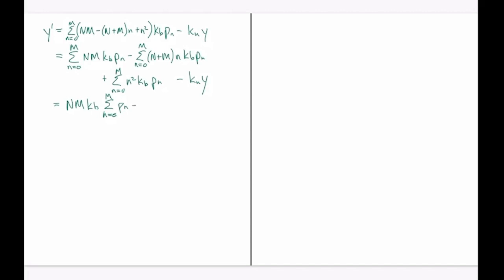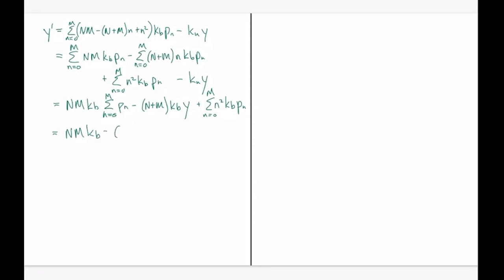This one I can also factor a bunch of stuff out. N plus m times kb. And then I'm left with the sum over all states of n times pn. That is, again, just y. And then we have plus the sum from n equals 0 to capital M of n squared kb pn. Okay, so let's just clean that up a little bit. We have n times m kb, and this term here is just 1.